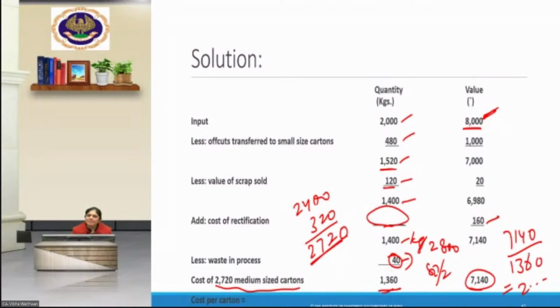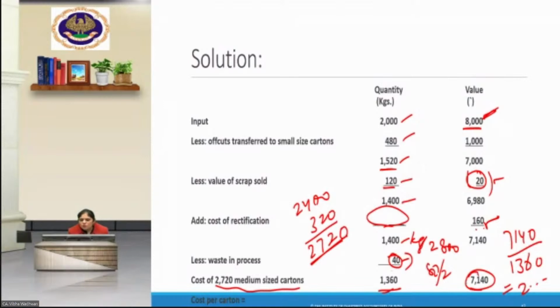So here in this question, you can have the treatment of scrap also. We deduct the scrap. See, we have deducted the scrap from the value. Whatever value we get from the scrap, we just deduct it from the cost. And cost of rectification, we always add. This was the additional cost over and above 8,000. And because the units are already included, we have not added here.